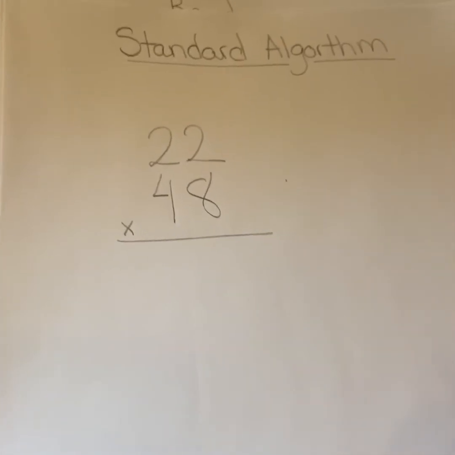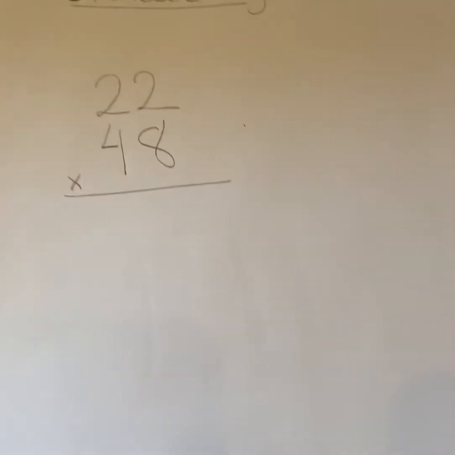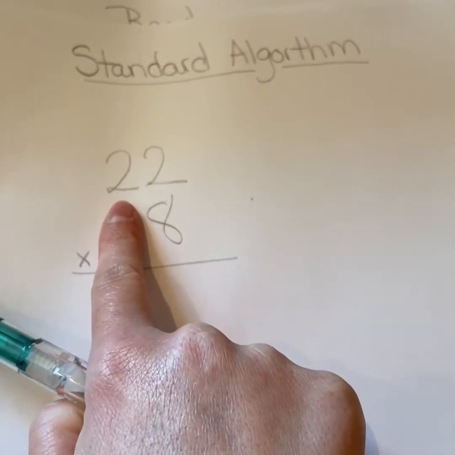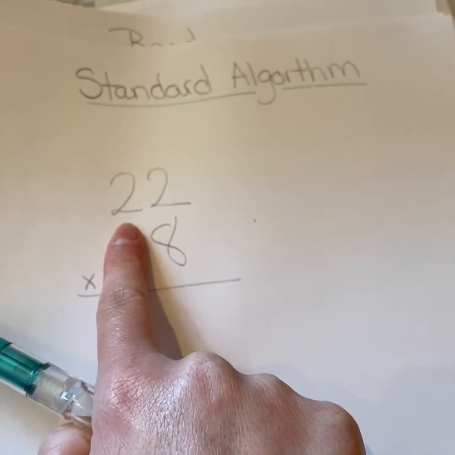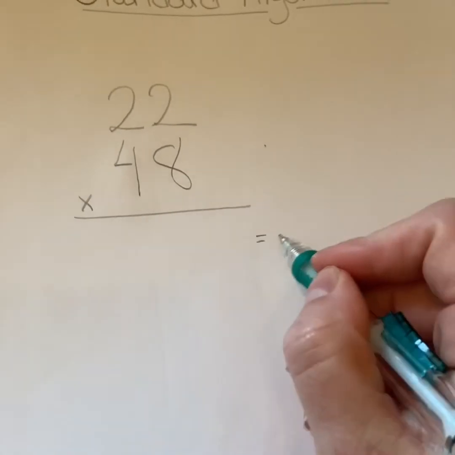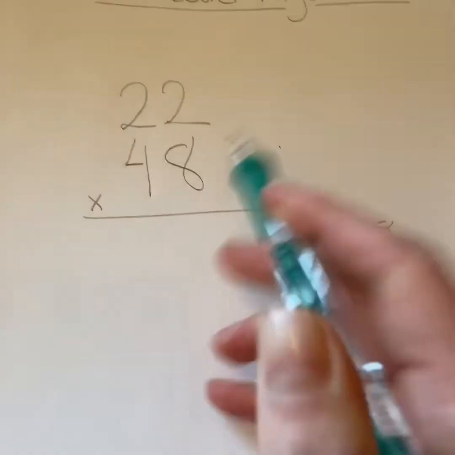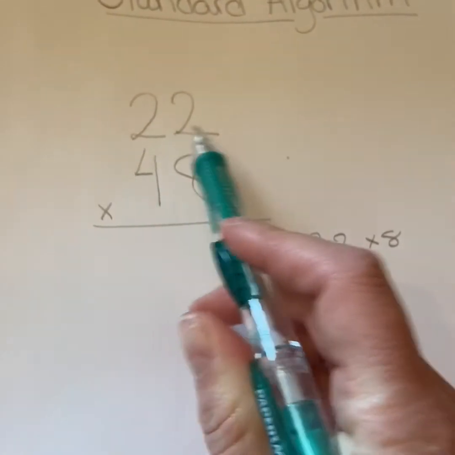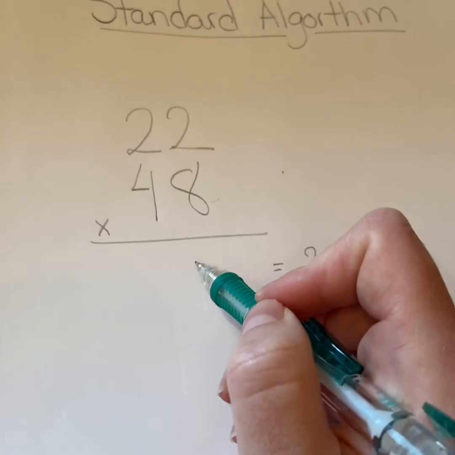So the first step is very similar to 1 digit times 2 digit. We're going to actually just pretend that this 4 isn't here. So we're going to do 22 times 8 using regular standard algorithm. So really what I'm doing is 8 times 22. I'm going to start with 8 times 2 is 16.